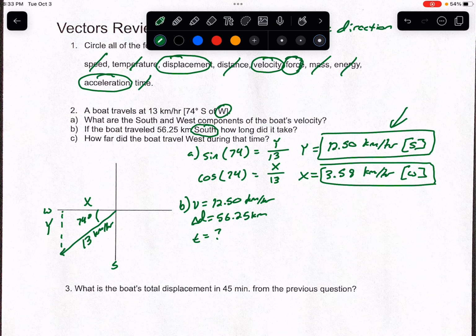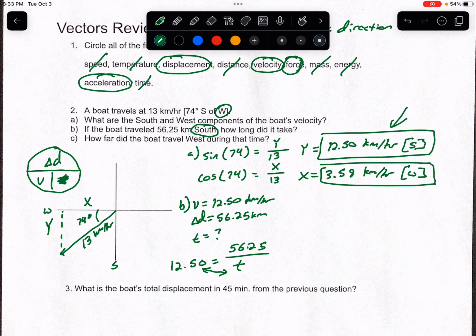So we're going to do V equals d over t. So 12.50 equals 56.25 over t. I'm going to switch the t and the 12.50. If you want, I can draw the whole VDT circle trick. V equals d over t, so if you're looking for t, just cover it up.